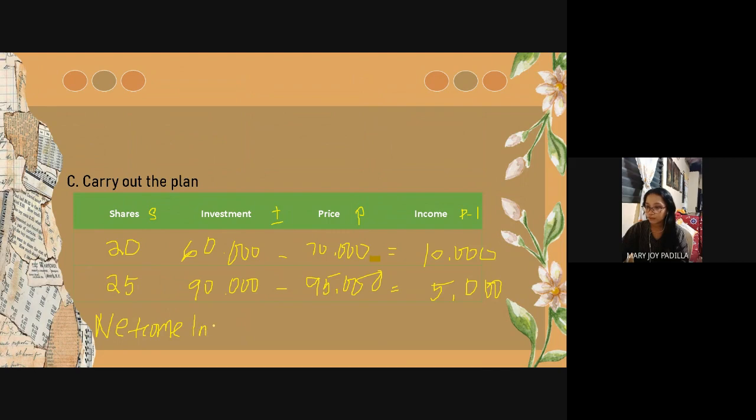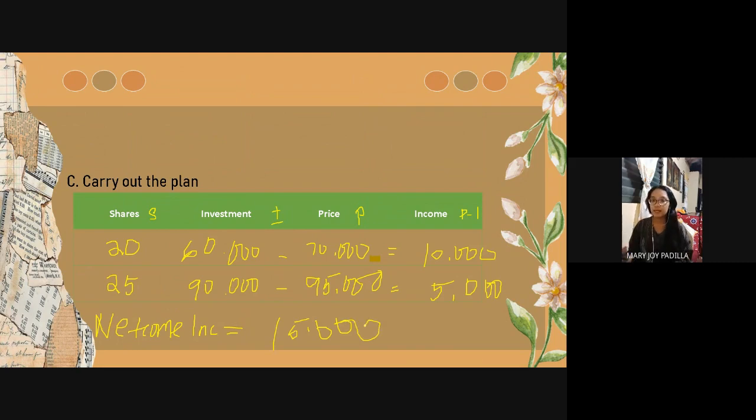So, first transaction income natin is 10,000. And then, the second transaction natin, ang lumabas na income is 5,000. So, we can plus this one. 10,000 plus 5,000 is equal to 15,000 pesos.